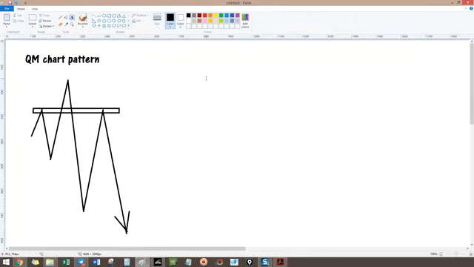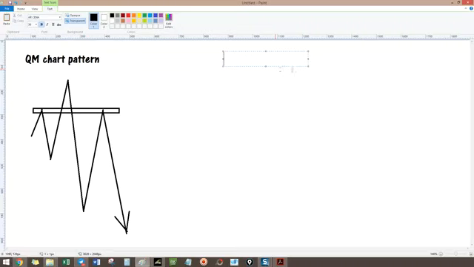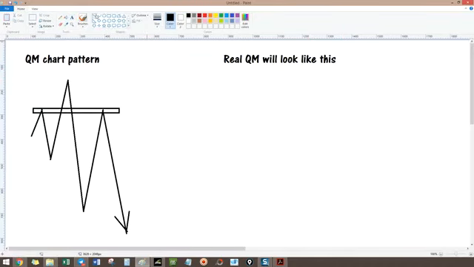By a QM level, the real QM will look like this. One.